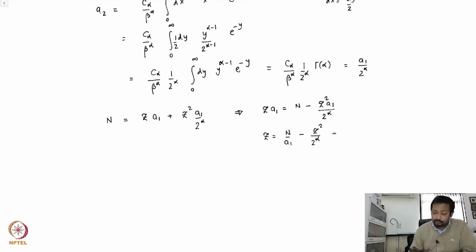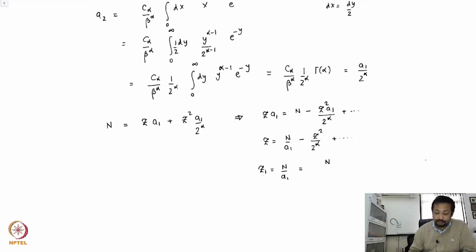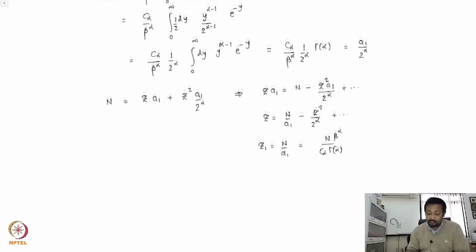Plus of course there are higher order terms, so that to the leading order I have z as n over a1, where a1 was C_alpha gamma(alpha) raised to the power beta alpha. This is the same result that we obtained in the earlier lecture.